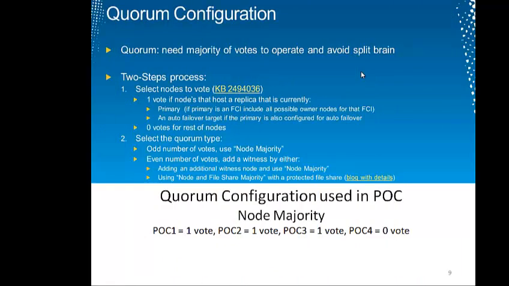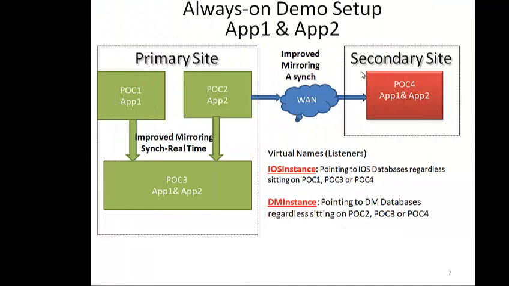So in our case, what we are doing basically is failing over POC1 to POC3 and POC2 to POC3, and we will see that if we make the connection using the listener name iOS instance, we'll end up connecting to POC3. If we make a connection to the DM instance, we'll also be connecting to POC3.